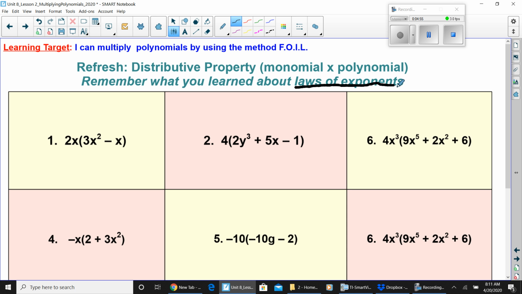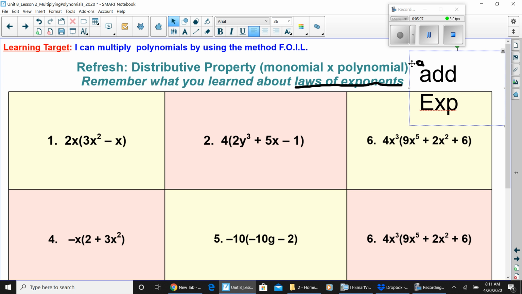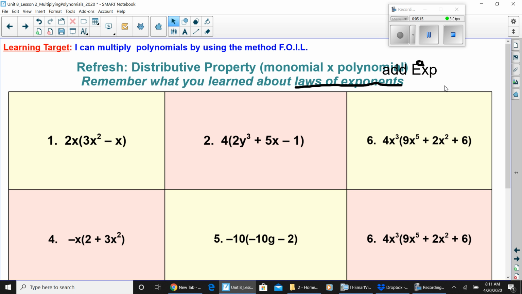When you multiply, you have to add exponents. And this is going to be all addition of exponents because you're multiplying.